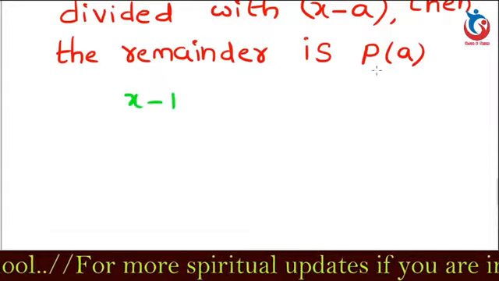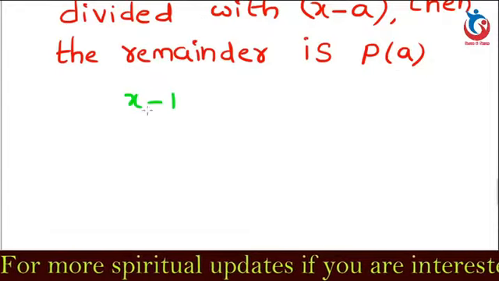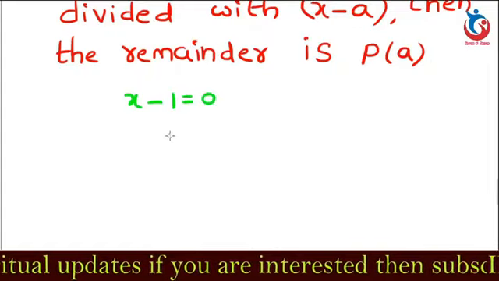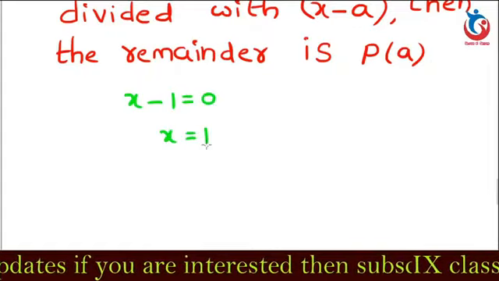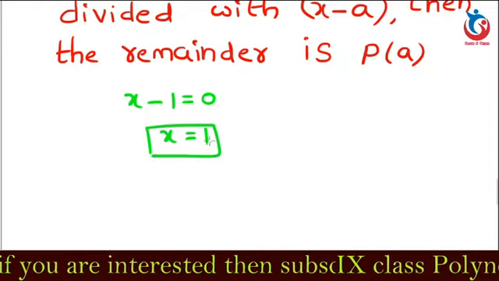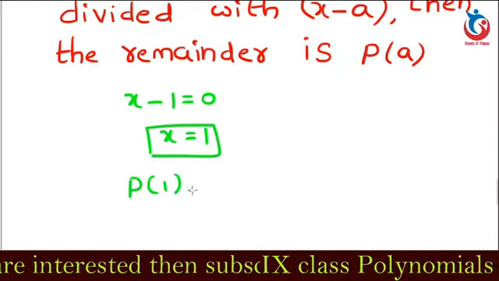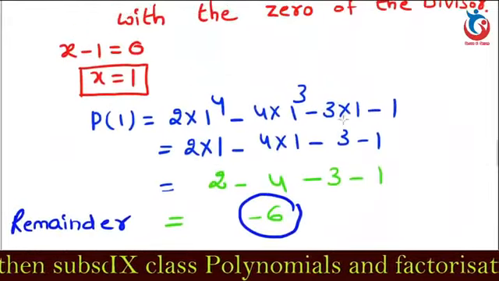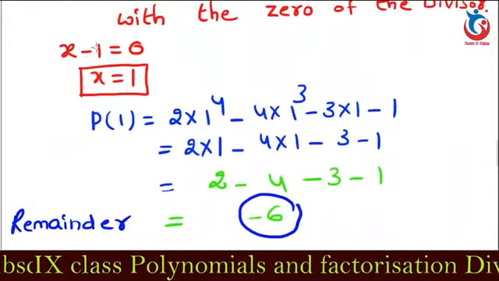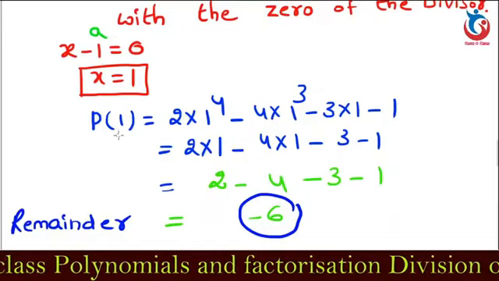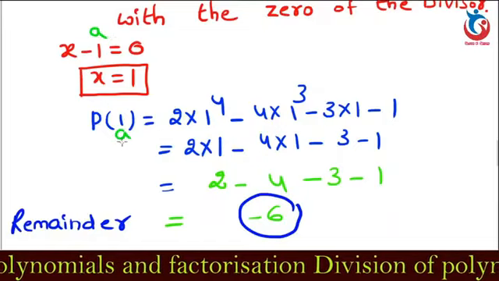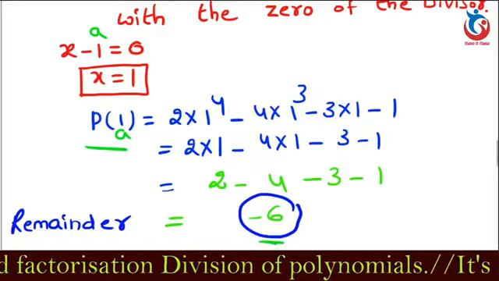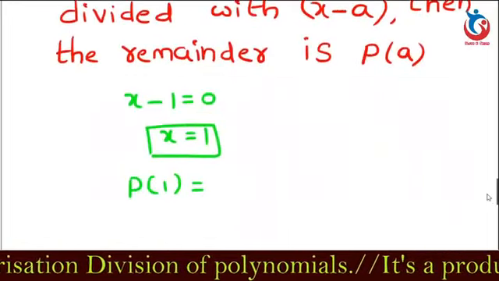Then the remainder is P of a. So what I have done, x minus 1 is equal to 0, x is equal to 1. The next step I substituted this 1 in the polynomial, P of 1. So if it is a, in the place of 1 you should write a, P of a. So P of a is what we got, the remainder. Yes, this is the remainder theorem.